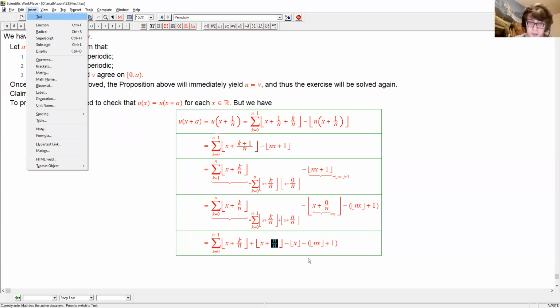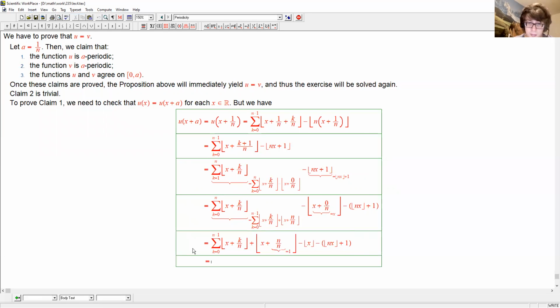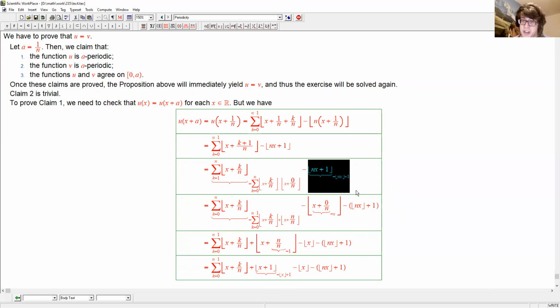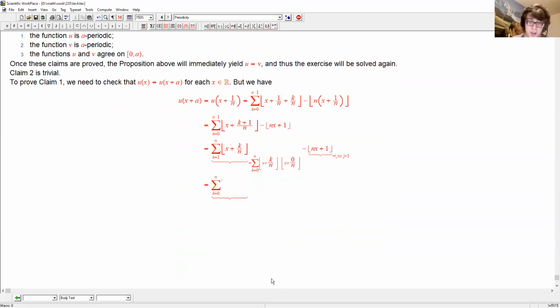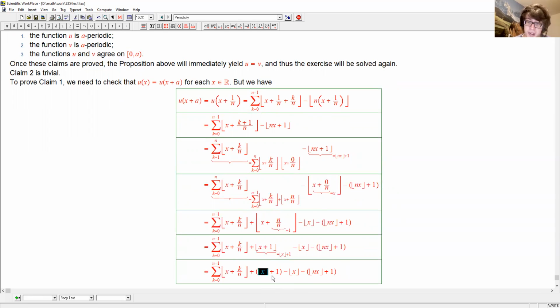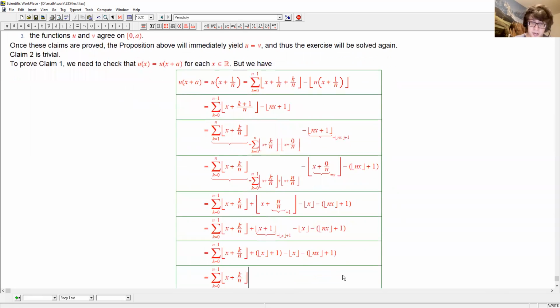Okay, n over n is 1, of course. Floor of x plus 1 is floor of x plus 1, for the same reason as here. We're adding an integer. And now quite a bunch of things cancel. This floor cancels this floor, this one cancels this one. And here's what remains. But that's just u of x. So u of x plus a equals u of x. And that's the periodicity we want.